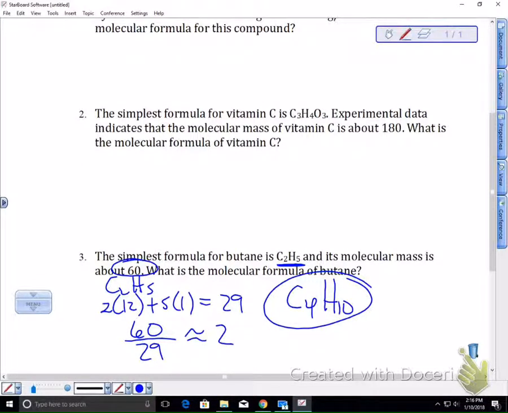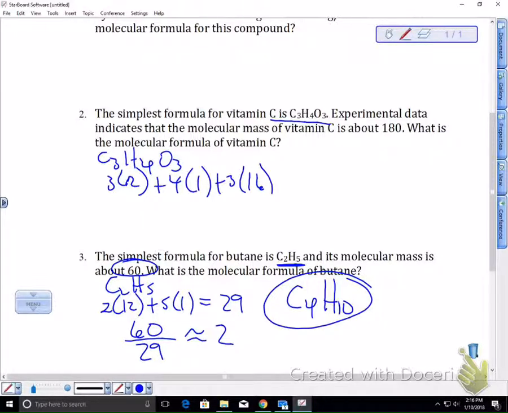Let's do one more pretty simple one. This time we have vitamin C. The empirical formula is given: C3H4O3. Let's add all of that up. 3 times 12 plus 4 times 1 plus 3 times 16. And you get 88.